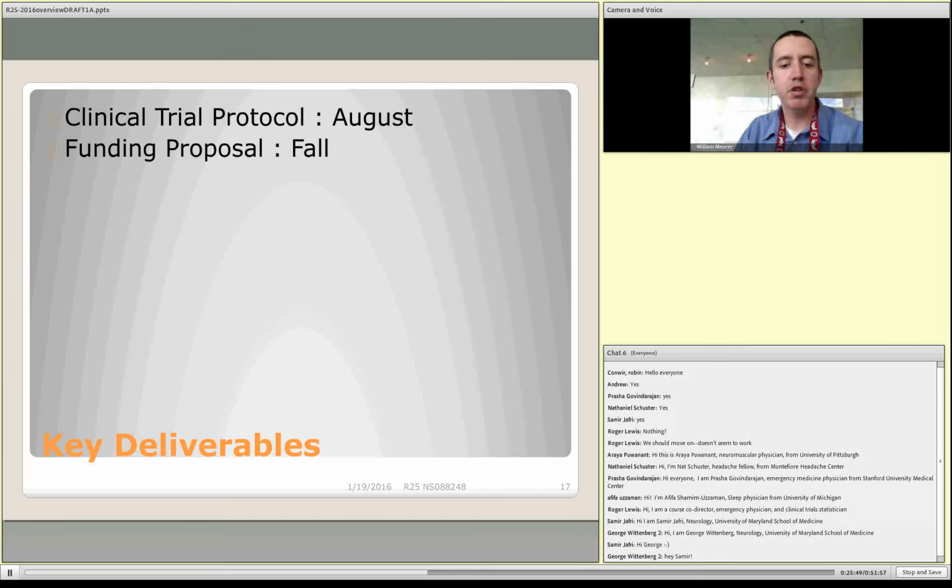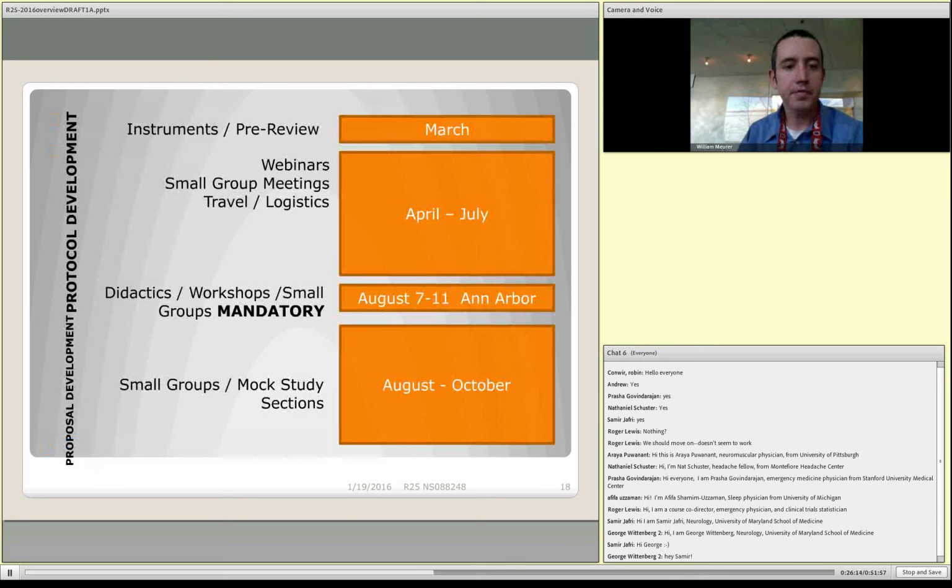There are many details in a protocol that would be worked out later. So generally, the funding proposal that you would be developing for the course would likely be developed in the fall. But we're going to have more concurrence, with more development of the proposal going along with the protocol development, both at the spring small group meetings and the in-person course in August.